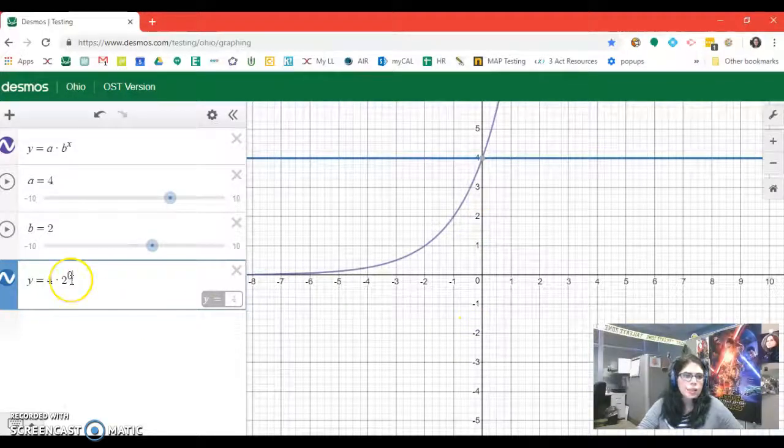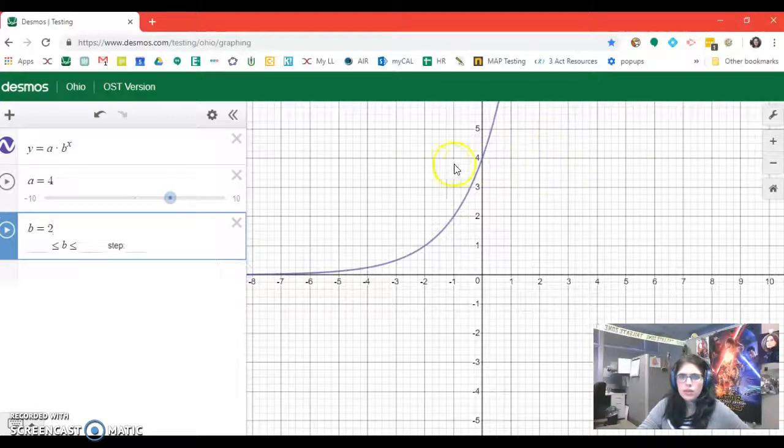And anything raised to the power of 0 is going to be 1, so I'm just multiplying that a times 1. And that's going to be true for any exponential function. If you have an x of 0, then you're just multiplying that a value times 1. So your y-intercept is always going to be that a value. So that's another thing to keep in mind.